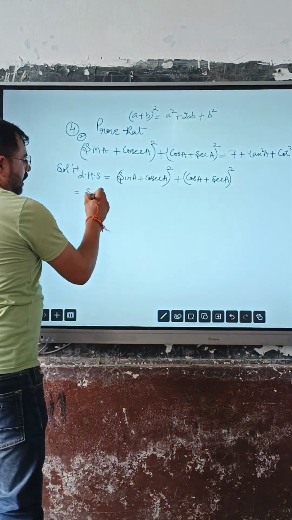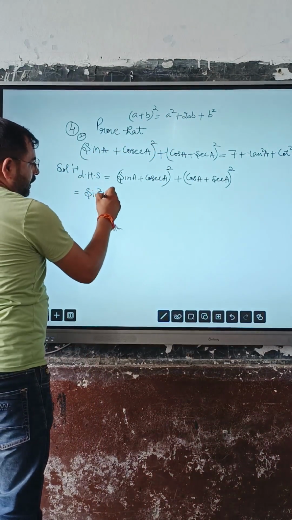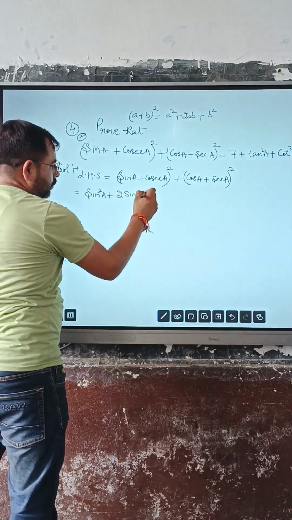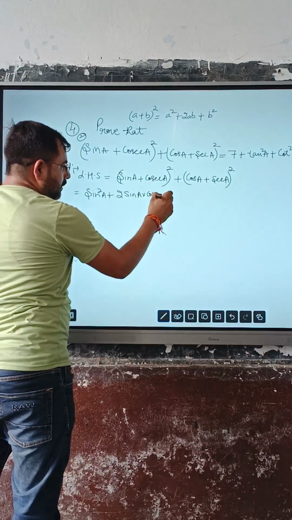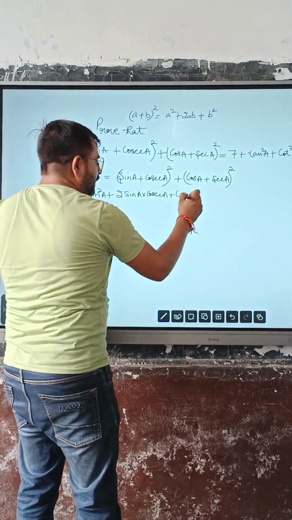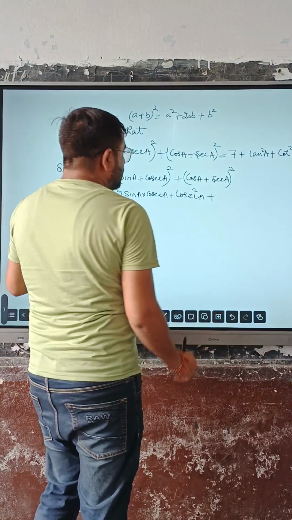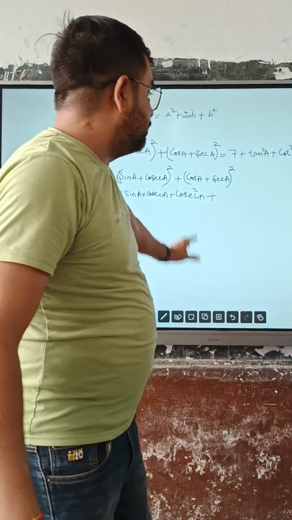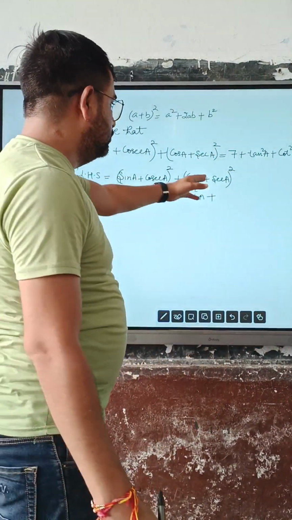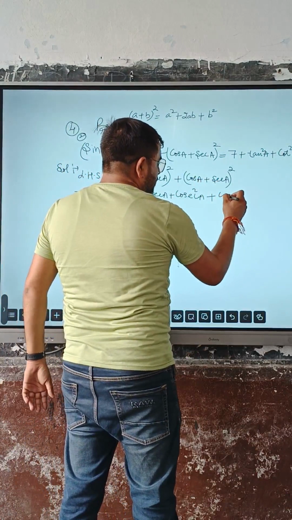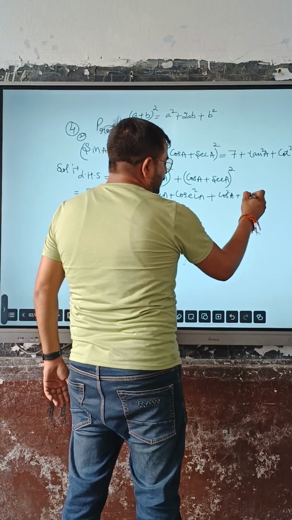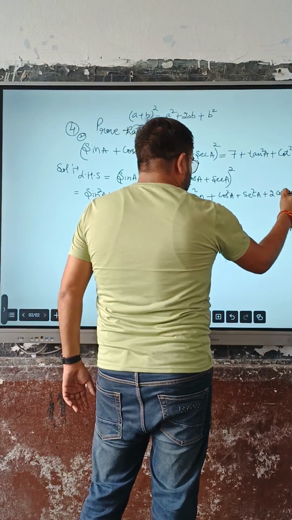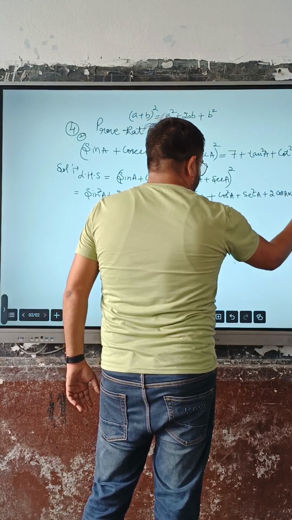According to this identity, first term square plus 2 times first term into second term, that is cosecant, plus square of second term. In the second term also, first plus second term whole square, the a plus b whole square identity is used here. So that is first term square plus second term square plus 2 into cos into secant.